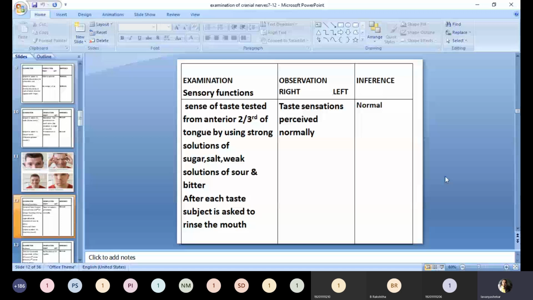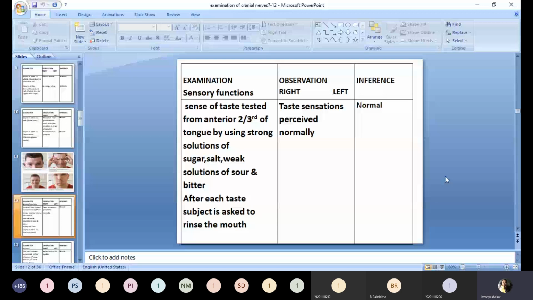When you are testing the taste sensation, every time the individual has to rinse his mouth before he undergoes the test for another taste solution. So this is how you check for the taste sensation, that is the sensory component of the facial nerve.